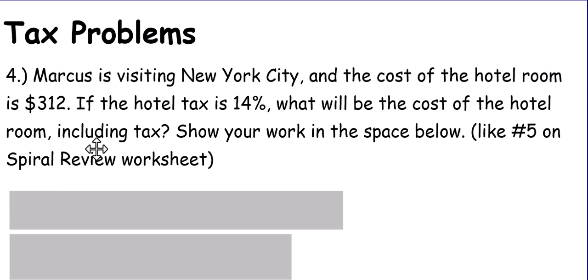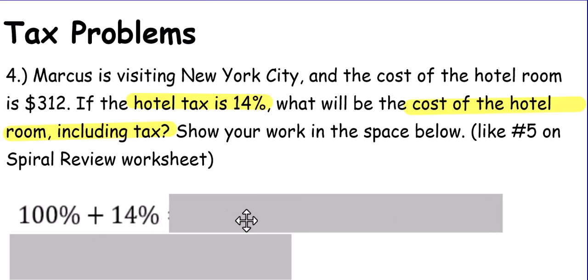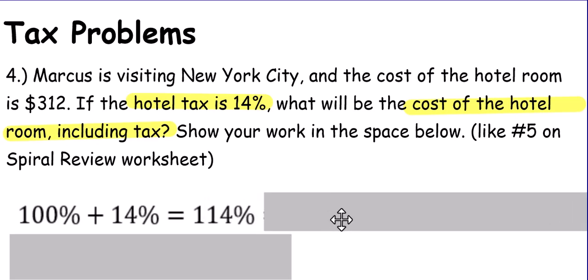Marcus is visiting New York City and the cost of the hotel room is $312. If the hotel tax is 14%, what will be the cost of the hotel room including tax? Again, we're trying to find total cost here, including tax. So we're going to treat this pretty similar to our last question. Something to keep in mind is the hotel tax rate is 14%. So we'll do 100% plus 14% to get 114%.